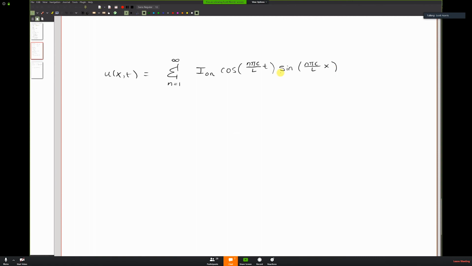And they correspond to different shapes of fluctuation in the string. All right. So the n equals 1 term, the first term in the series, has a spatial shape of one sine wave. Hang on a second.